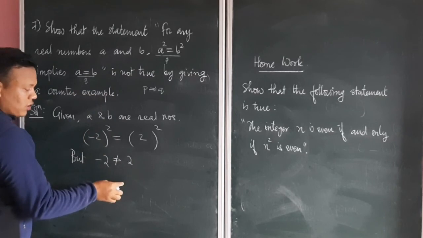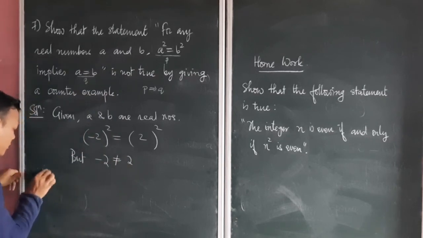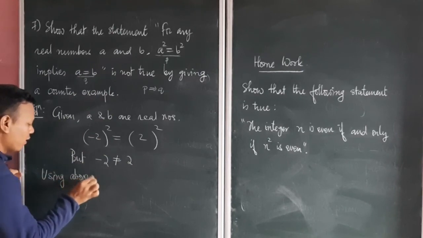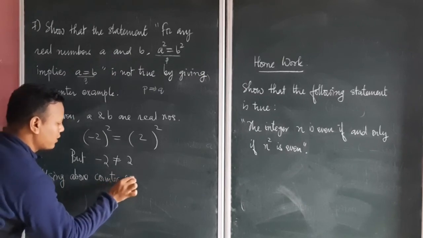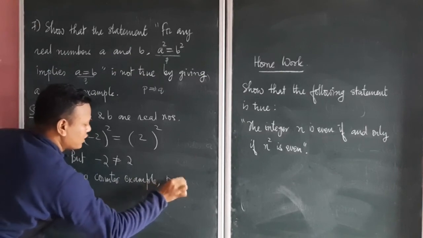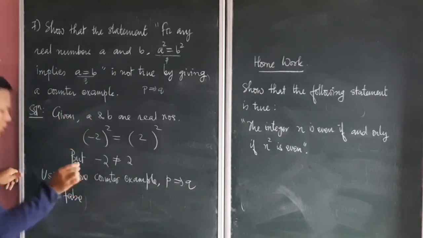So this is how we make use of counter example. All right, so using the above counter example, p implies q is false, right? So that's what we showed here.